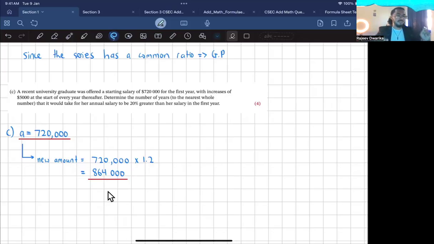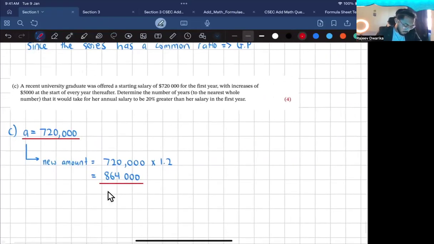Which formula do I think we have to use? And we know the common difference is 5,000 because that's how much money she gains every year. That's the increase. It will be the T of n one.